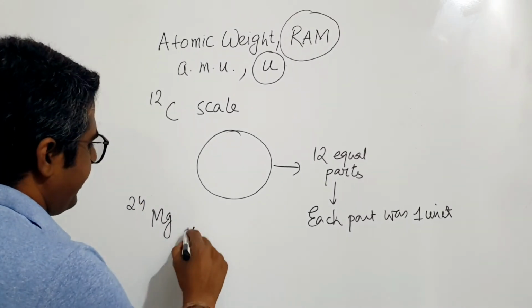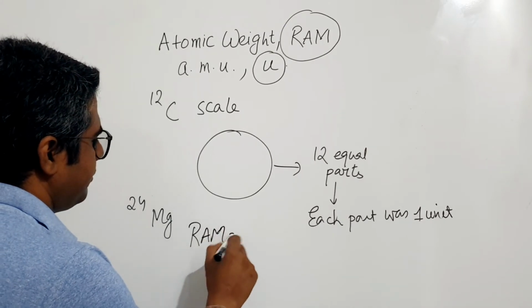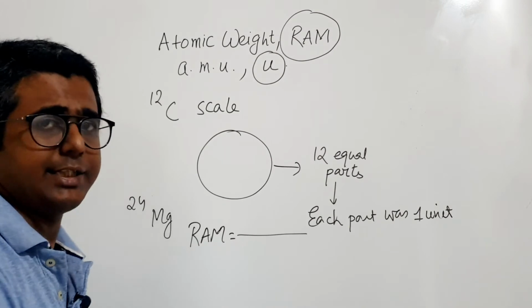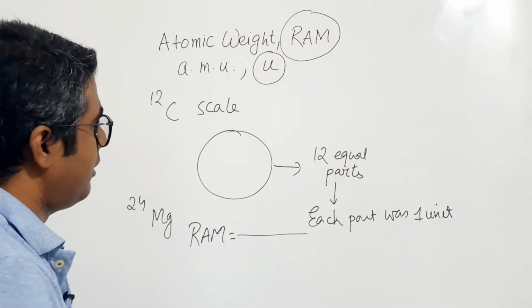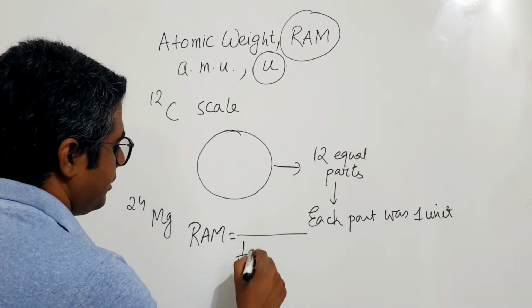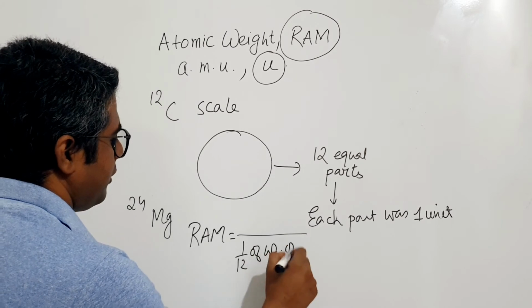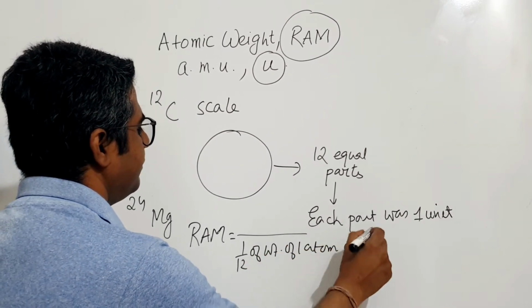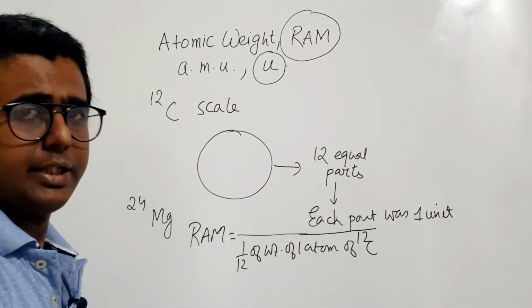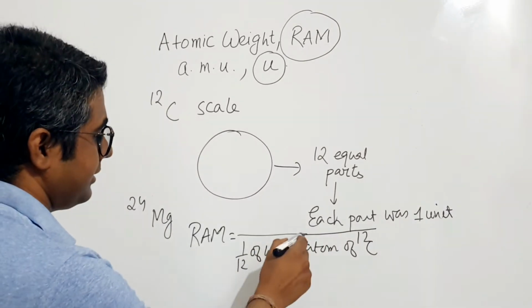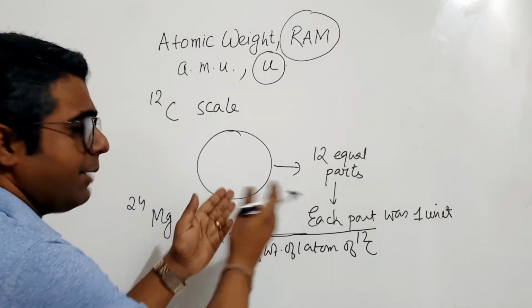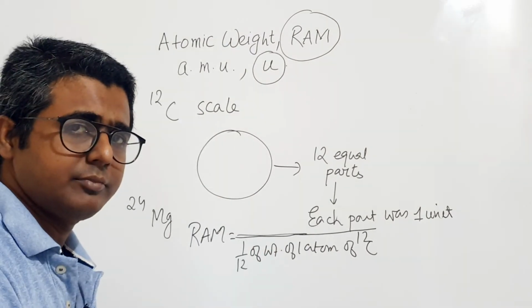Now, if I want to calculate the RAM of magnesium, it is the weight of one atom of magnesium divided by 1/12 of the weight of one atom of C12. Clear? So, this is what it is, and I have to take the weight of magnesium.